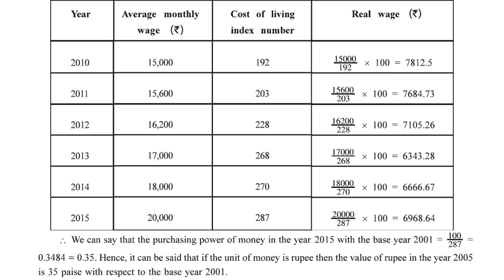So purchasing power of money in the year 2015 with the base year 2001 is 100 divided by 287, that is 0.35. That means if in the year 2001 the value of money was 1 rupee, today it is just 35 paise. The value of rupee in 2001 compared to 2015 is just 35 paise.